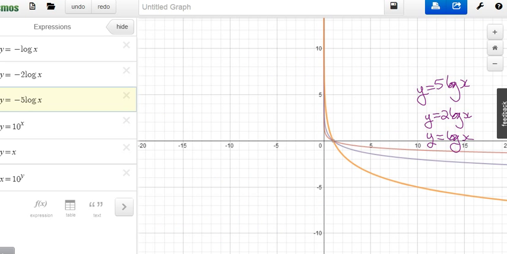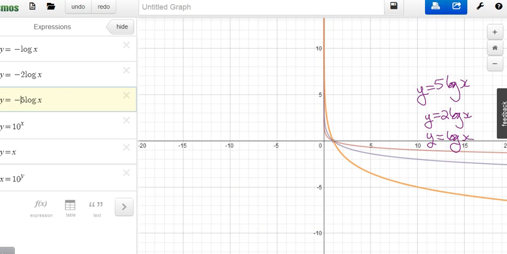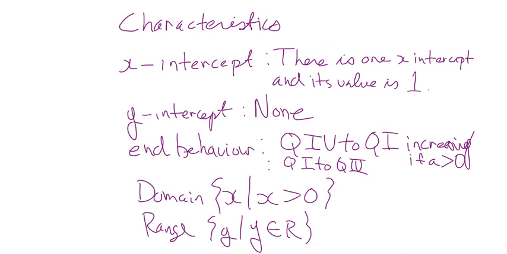So the end behavior is quadrant 1 to quadrant 4, and it's decreasing if a is less than 0. Okay, so that's a big thing we've got to keep in mind, right?